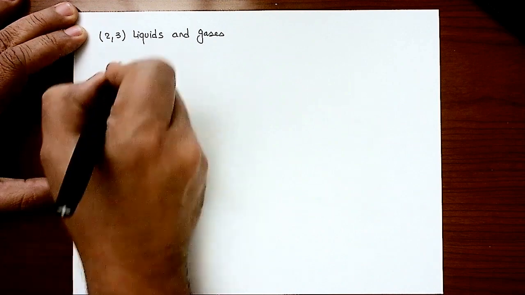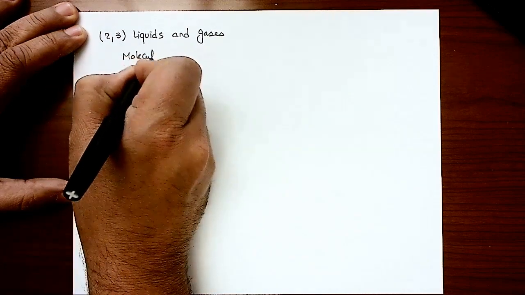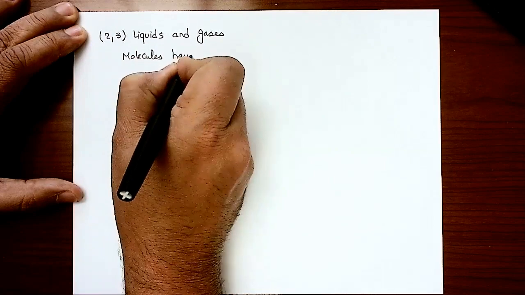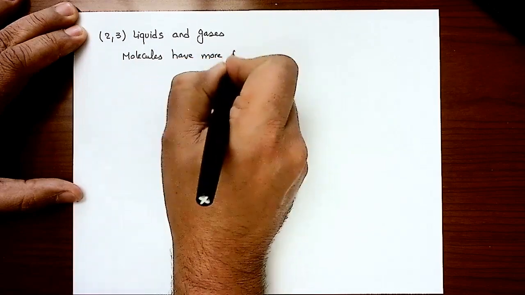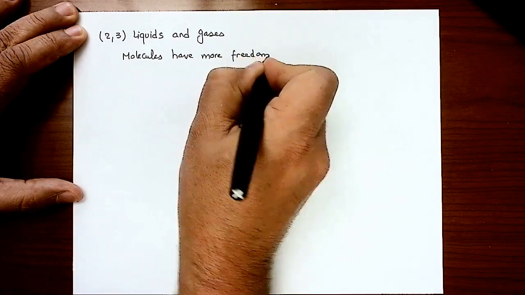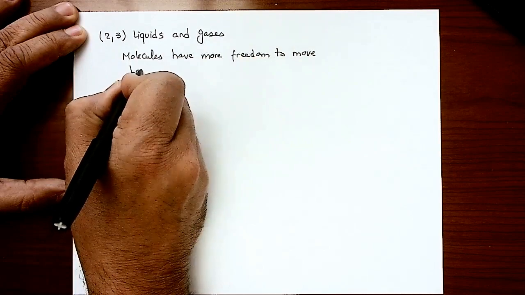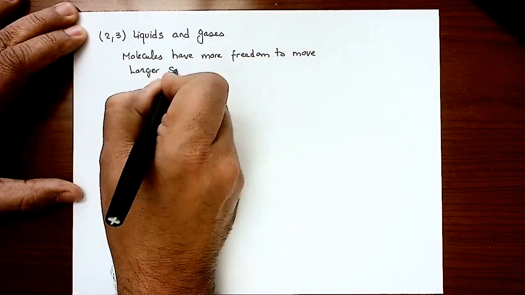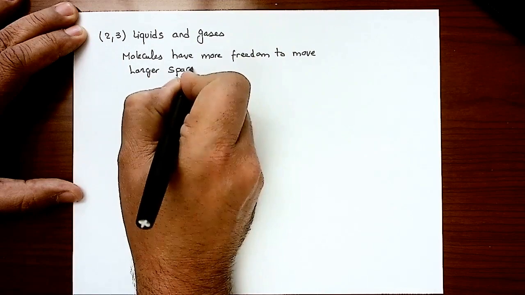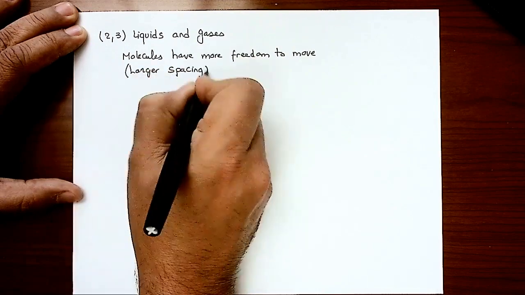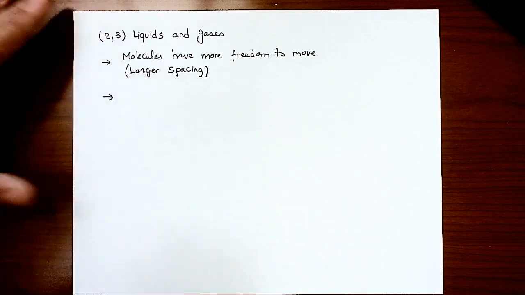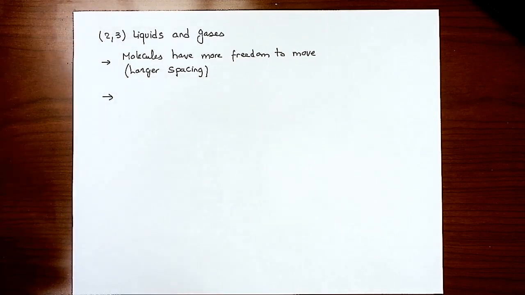For liquids and gases, molecules have more freedom to move. That's because they have larger spacing between the molecules, right? Number 2, the bonding force in the case of liquids is less than the bonding force in solids, and gases have the least bonding force you can find within the 3 states here.